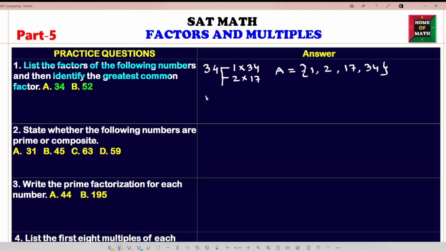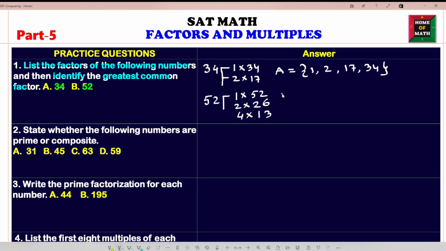Now 52. This one we can divide: 1 times 52, 2 times 26, then 3 we cannot divide, 4 we can do, so 4 times 13, right?